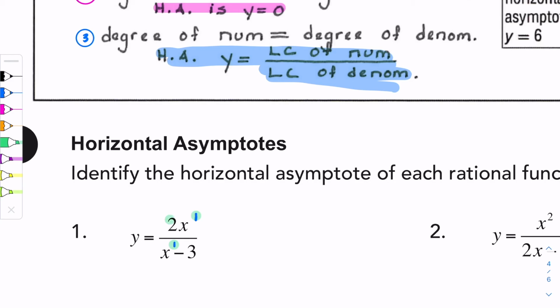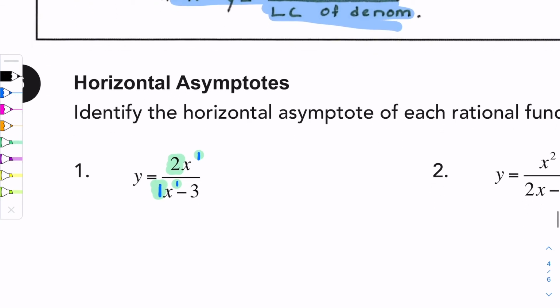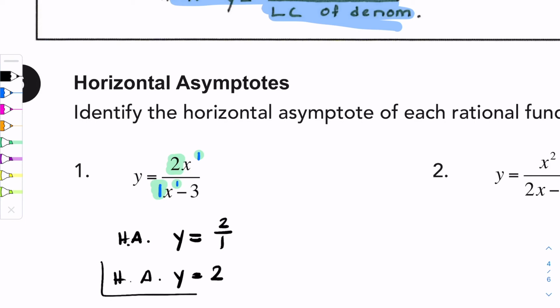So the numerator has a leading coefficient of 2. The denominator would have a leading coefficient of 1, but we just don't write that. I just added it in. So the horizontal asymptote is at y equals 2 over 1 or y equals 2. And again, that's the leading coefficients just set up as a fraction.